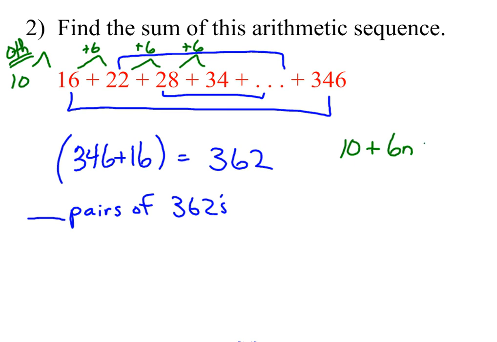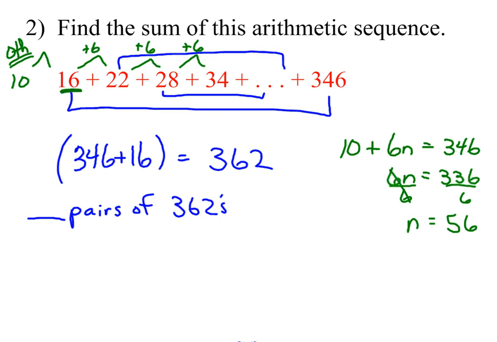And if I want to know which term 346 is, that's what I'm going to make it equal to. Subtract 10, divide by 6. That's 56 terms. So 346 is the 56th term.